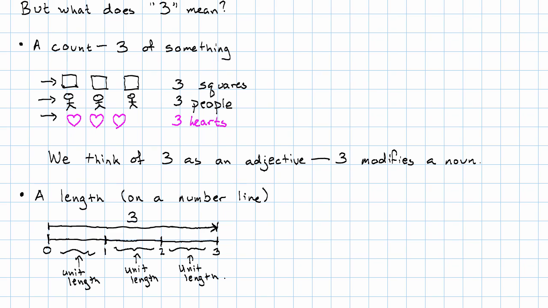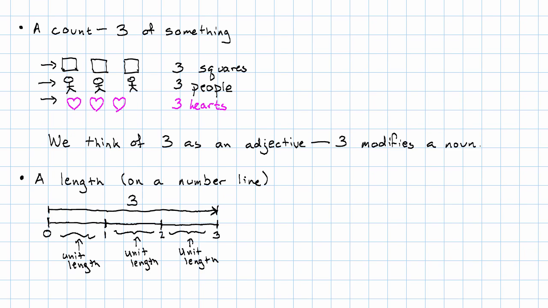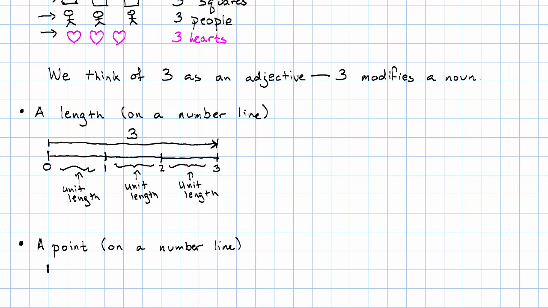Now, once we've got our number line, we can also think of 3 as that point out at the end of that distance. So again, if I draw that number line, start at 0, go out to 1, 2, 3, and out here would be 4.